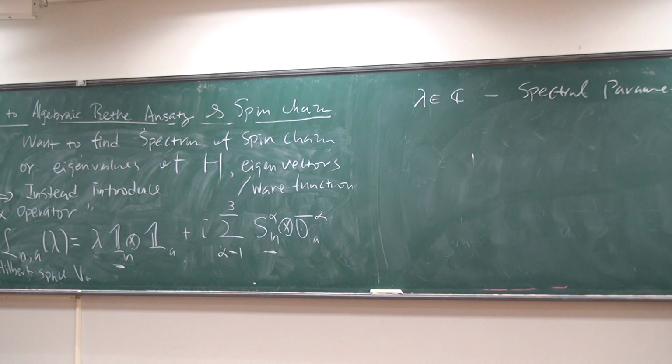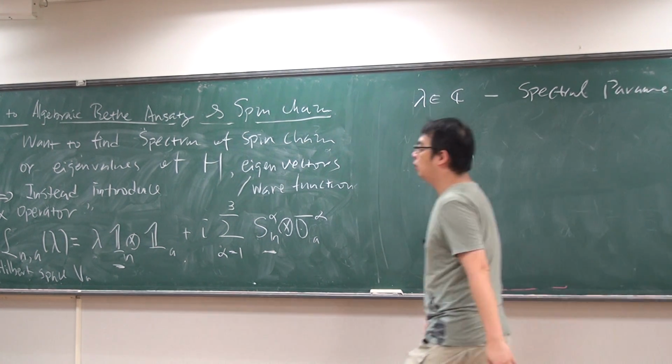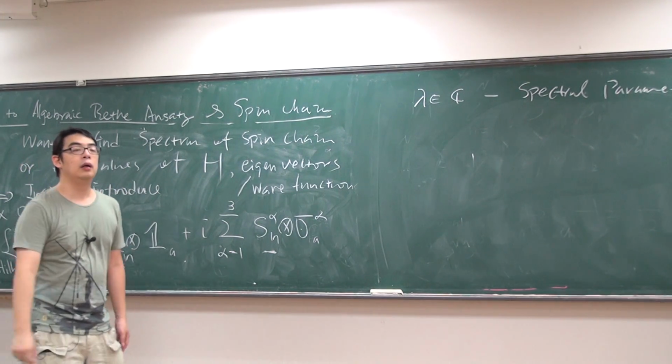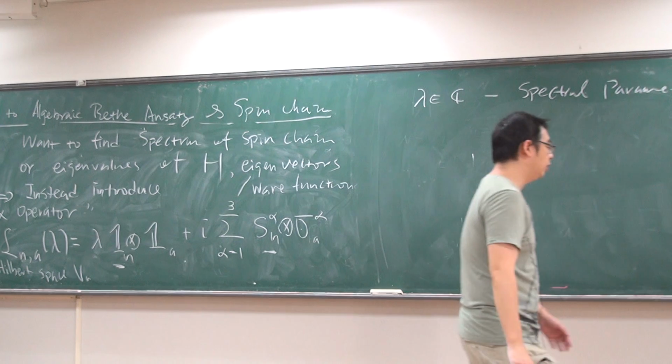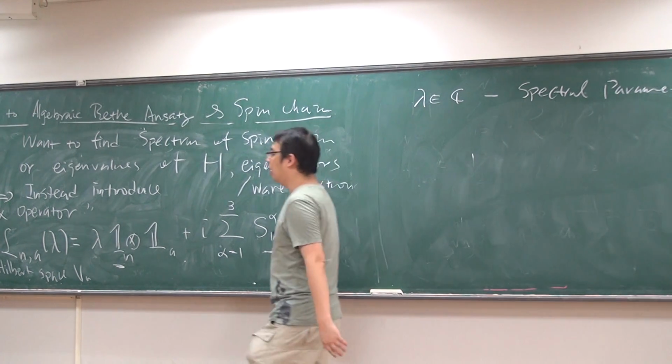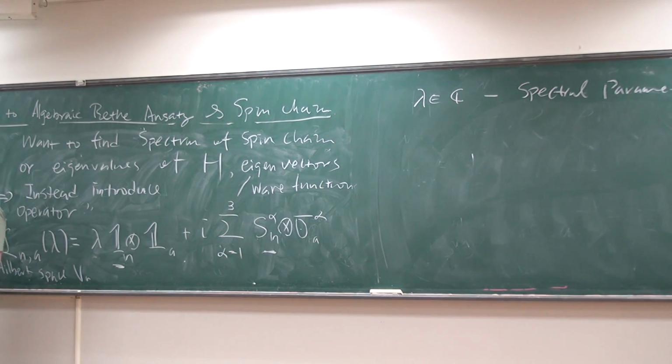What does the index A indicate? A is labeling the auxiliary space. So how many dimensions? In our case, it will be 2 dimensions. It's the same dimension as the individual Hilbert space.